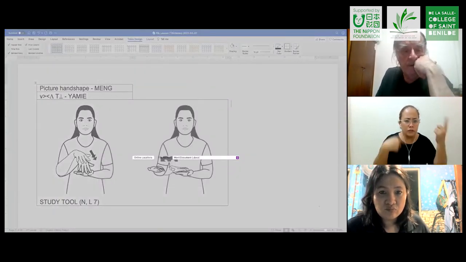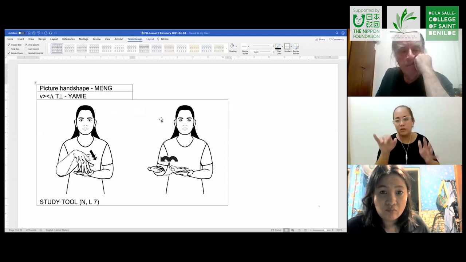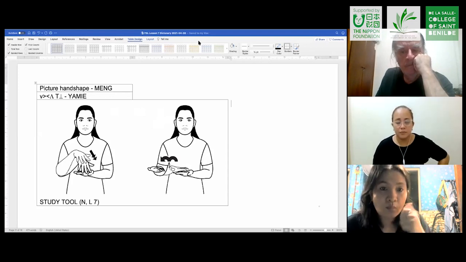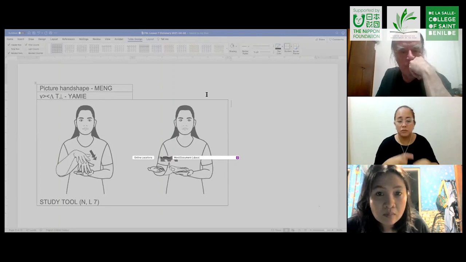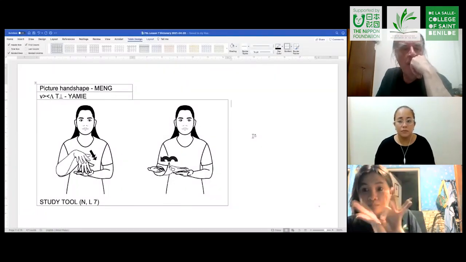So it's just one sign. So you don't even need to worry about the orientation in that one, because it's a compound sign. Okay.